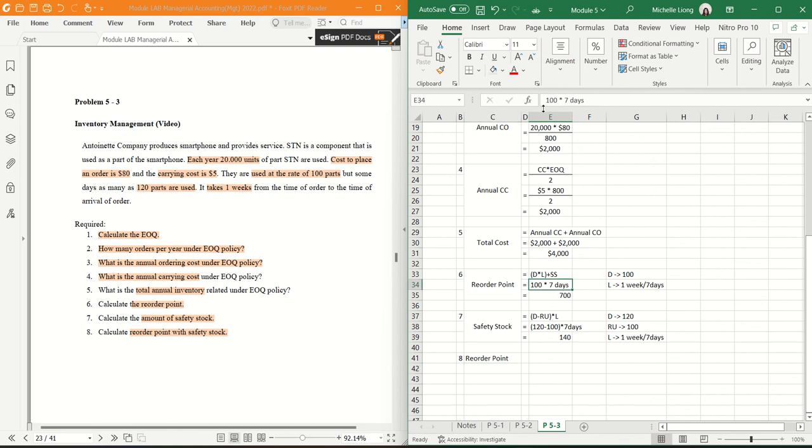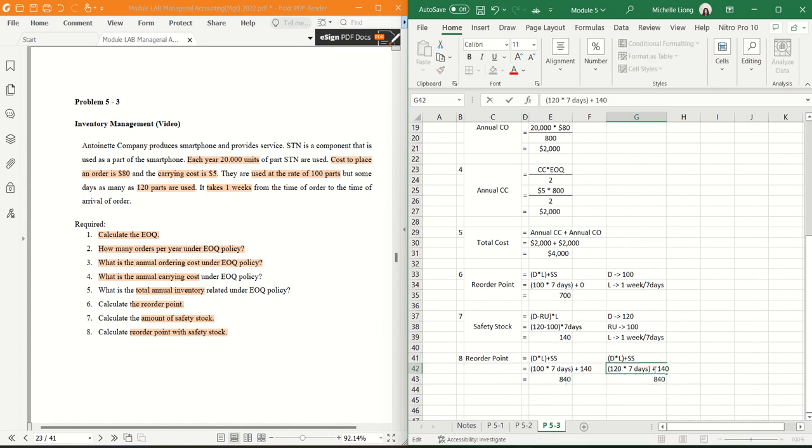If you want to find it with safety stock, you can find it like this, but it's not very recommended.